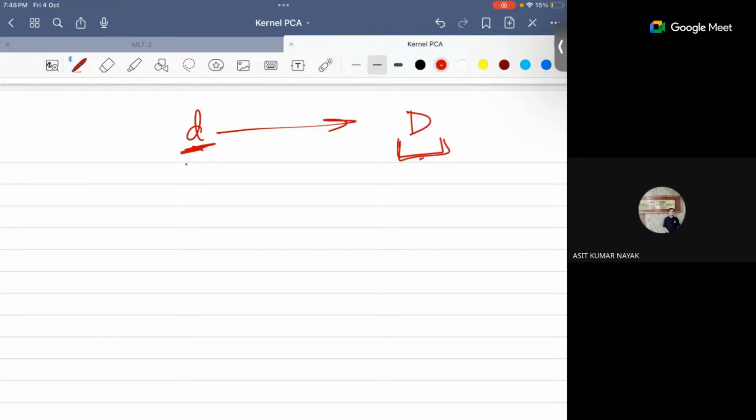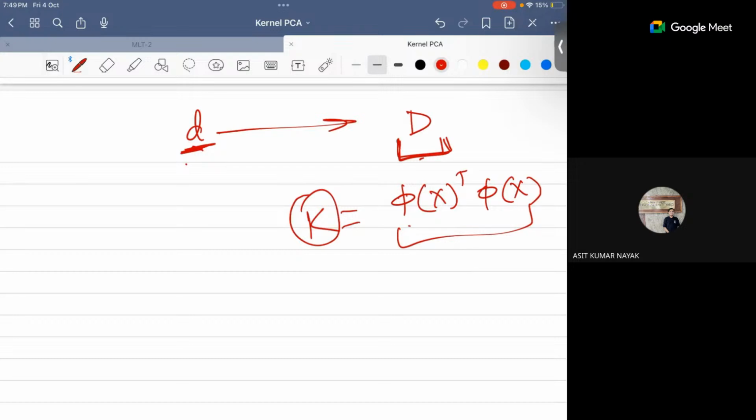This was coming from kernel PCA, the polynomial kernel you were using, and it was giving me the dot product of the mapped version, phi. So this should have come N cross N only, not D cross D.